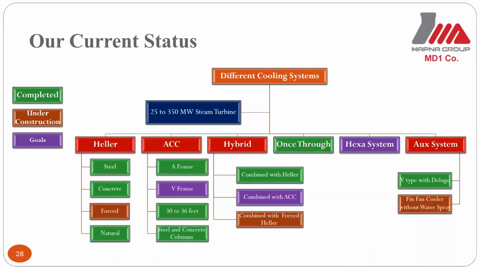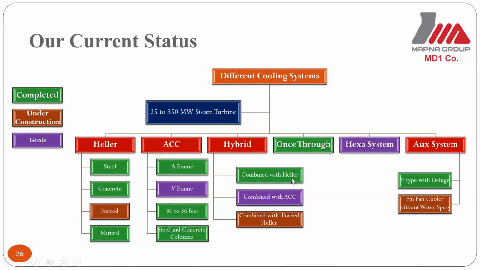Okay, now here are the challenges, the last part of my presentation. To explain our current status, we have designed and built different cooling systems for 25 to 350 megawatt steam turbines, as indicated by green boxes. You can see ACC A-frame, 30 to 36 feet fan diameter ACC, and different kinds of Heller, hybrid system, wet cooling system with Heller.